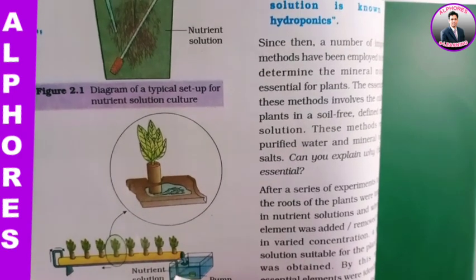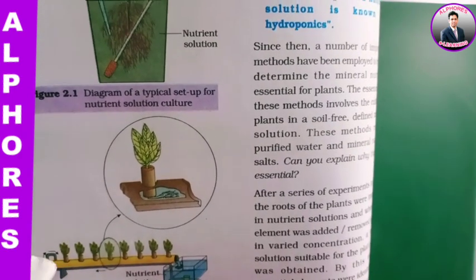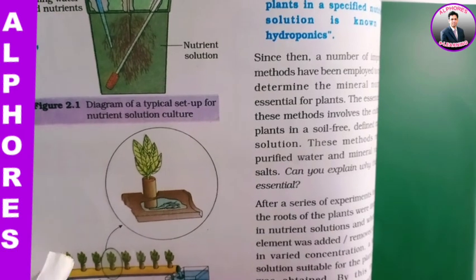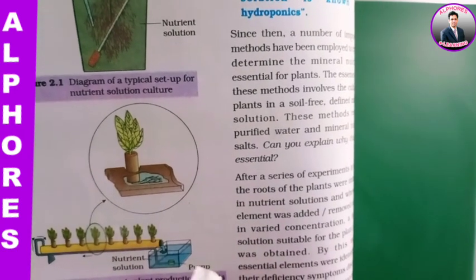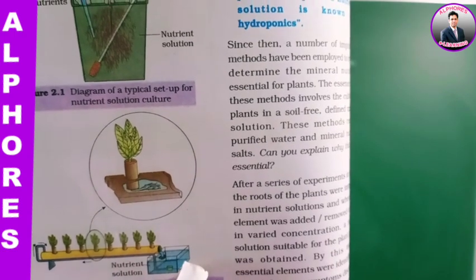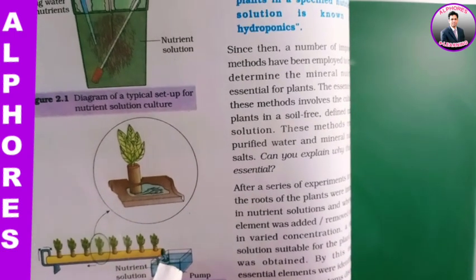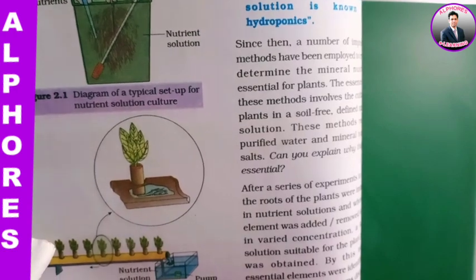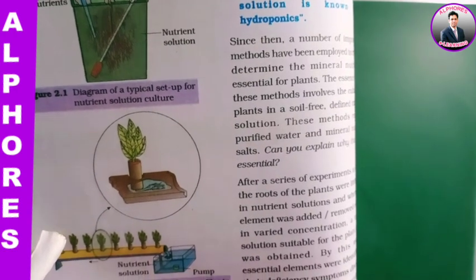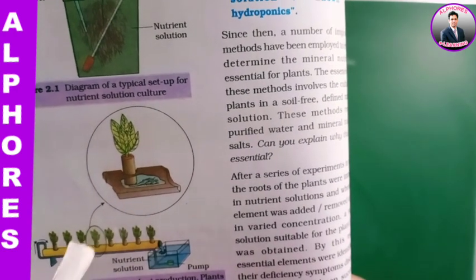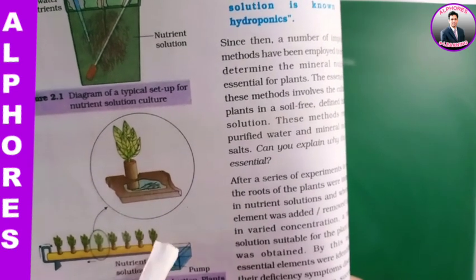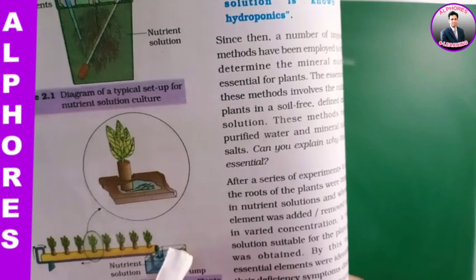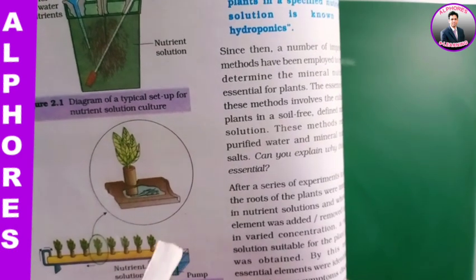Sir, from the reservoir, the nutrient solution moves up to this elevated tube with the help of a pump, P-U-M-P, given in the diagram clearly. Again, this nutrient solution returns into the reservoir under the influence of gravity.